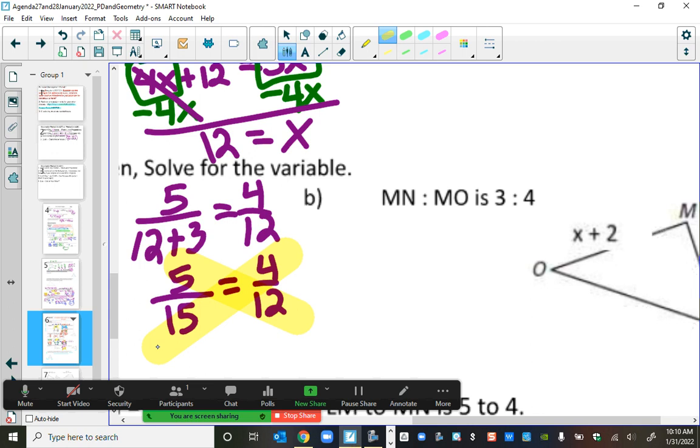You can always check it that way too. All right, questions? But that's a surefire way. Now this part I'm going to erase for now, but I'll let you copy it down. Give yourself a second. Copy it down. And we go on.